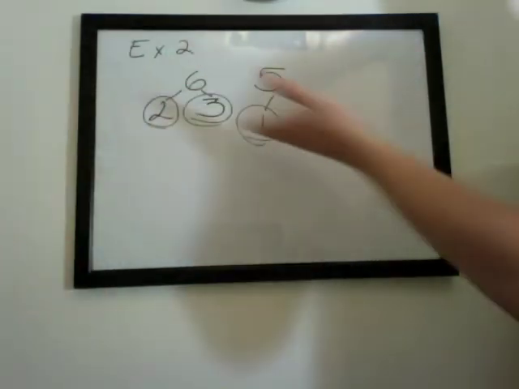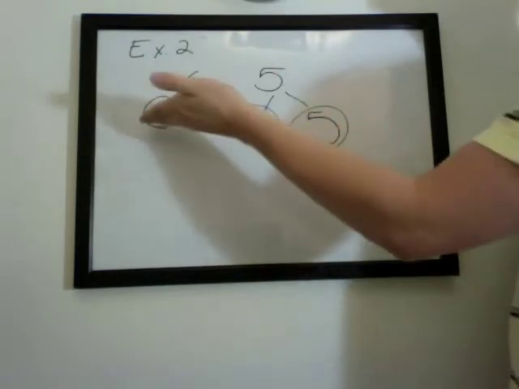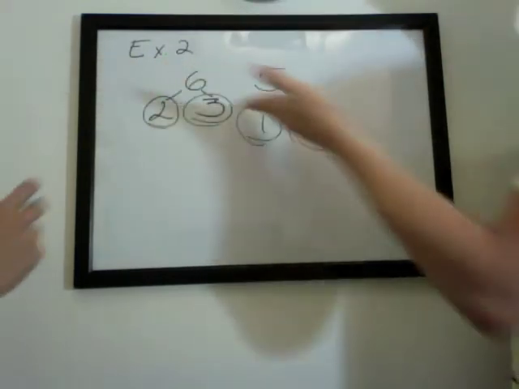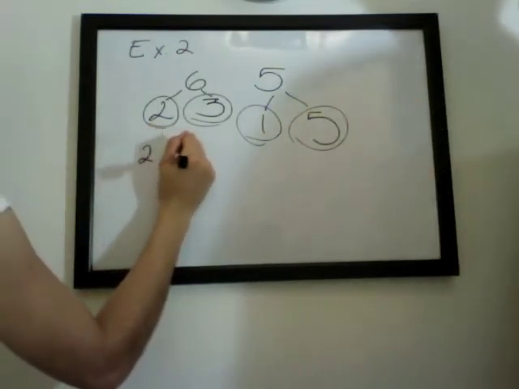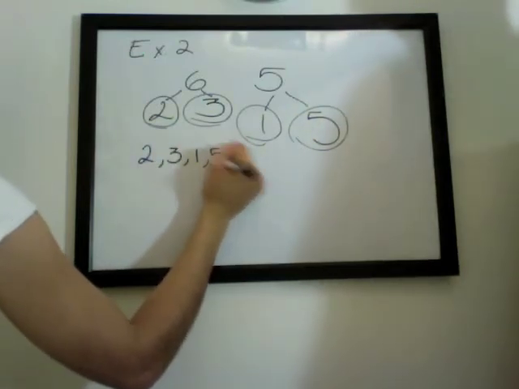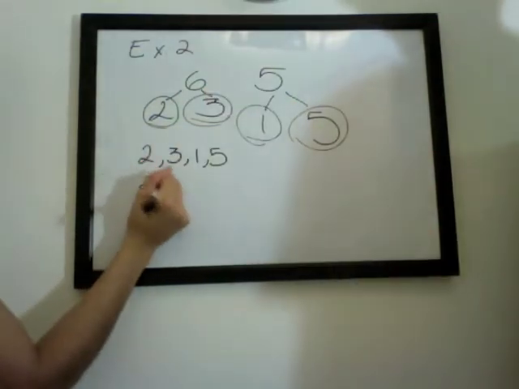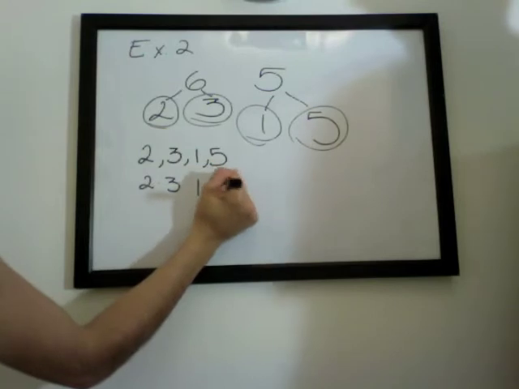Now, you don't have any competing numbers. This one doesn't have any 2's or 3's, and this only has 2's and 3's. This one doesn't have any 1's, and this one doesn't have any 5's. So we're going to write all these numbers down. And we're going to multiply 2 times 3 times 1 times 5. And what do we get?